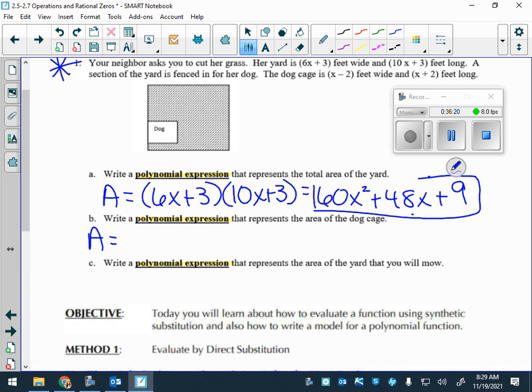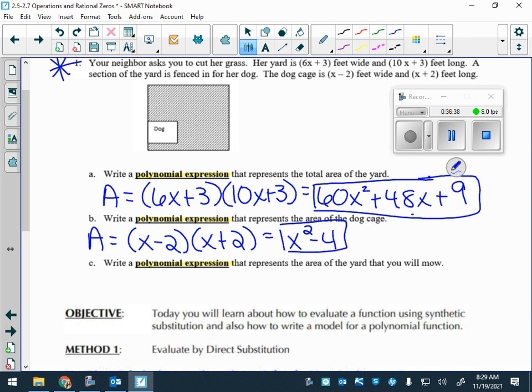What two pieces, Mia? Good. And what would that be? Emily? X squared minus 4. That is your polynomial expression that represents the area of the dog cage.